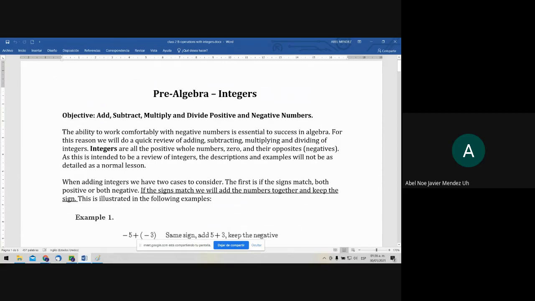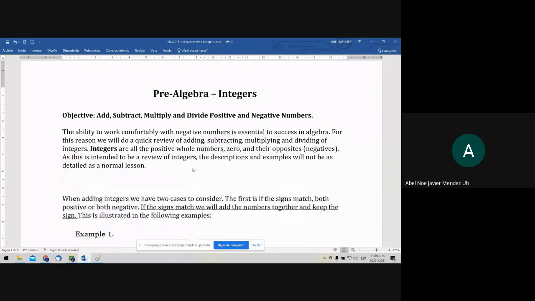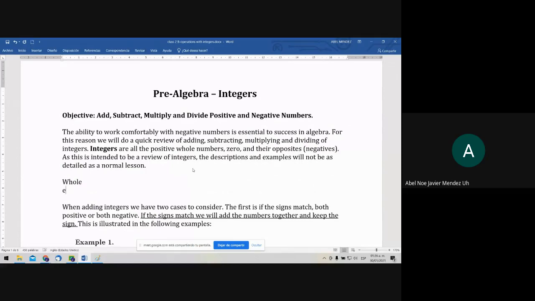Okay, we use color code to study vocabulary, and we search words that they don't know the meaning, or they don't know the correct pronunciation, and we make a list here below the paragraph, maybe a review.